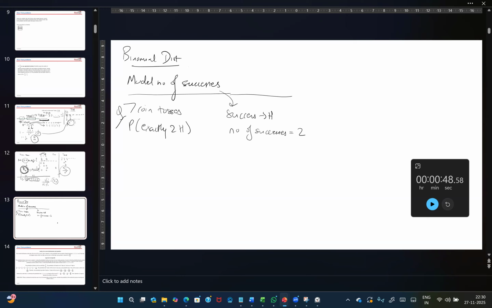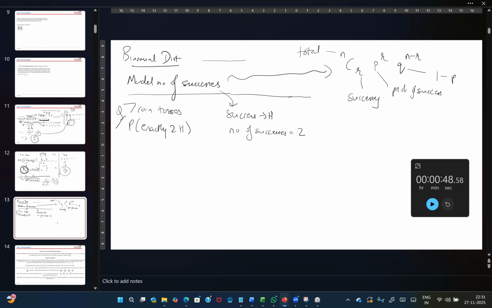Two heads. Now, when modeling this success with the binomial distribution, the formula looks like this: NCR into P raised to R, Q raised to N minus R. I'll explain this. N is the total number of coin tosses, R is the total number of successes, P is the probability of success, and Q is the probability of failure, which is 1 minus P. So in this problem, we are talking about exactly two heads.